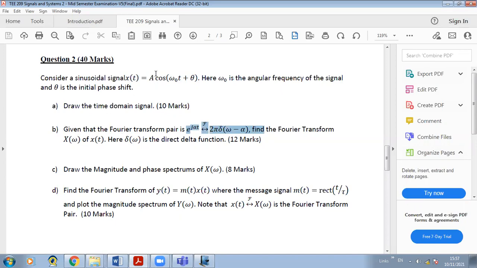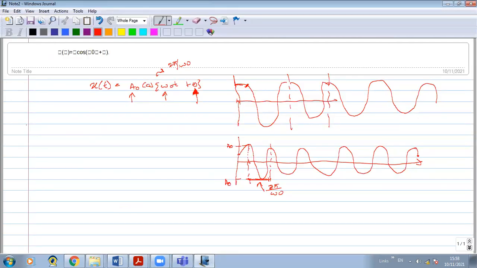If you are going to evaluate the Fourier transform of this x(t), you know the basic procedure, the principal approach. You have to evaluate the integration of x(t) times e to the power minus j omega t dt. So this x(t) is a cos signal here.